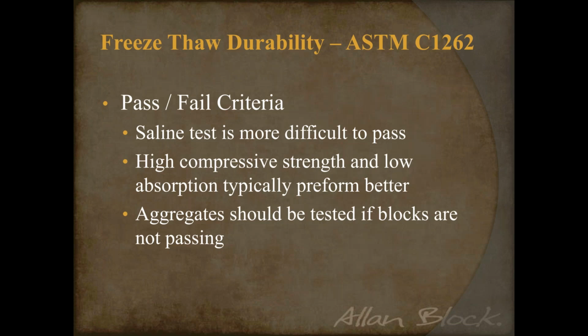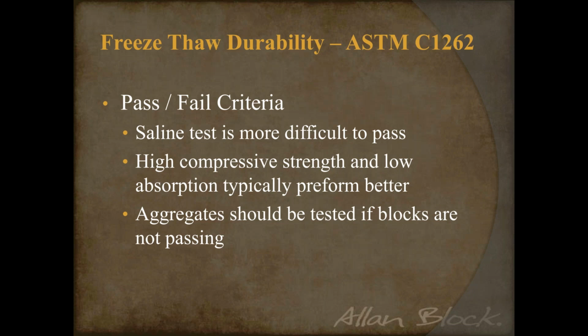Pass-fail criteria. Again, saline tests are by far the most difficult test to pass compared with tap water. High compressive strength block combined with low absorption is often a very good block, and it's going to pass.